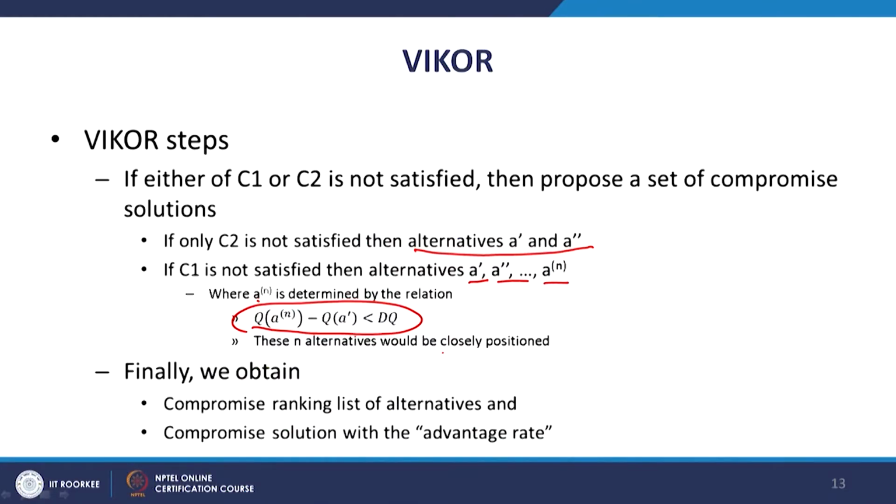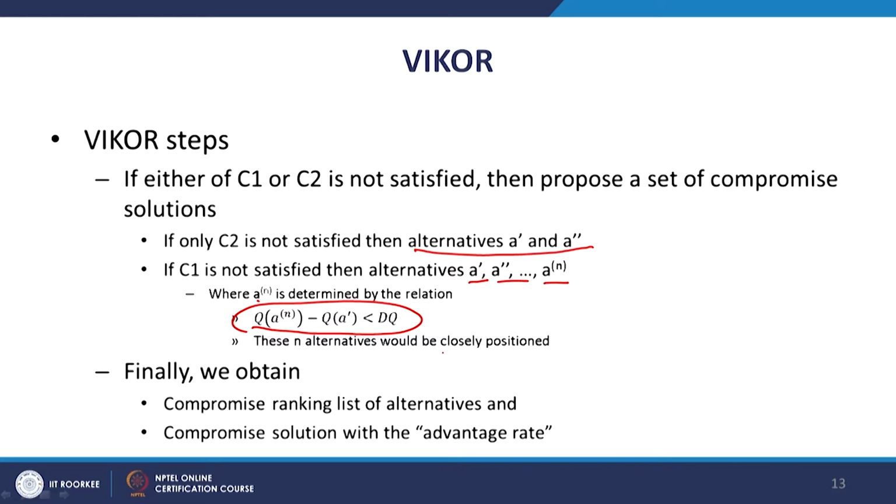Therefore, these alternatives are positioned quite close to each other, so it makes sense to propose all of them as a set of solutions. These n alternatives, A dash to A n, can be proposed as the compromise solution.